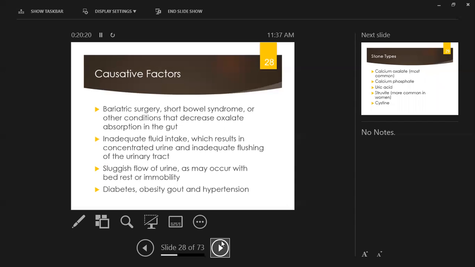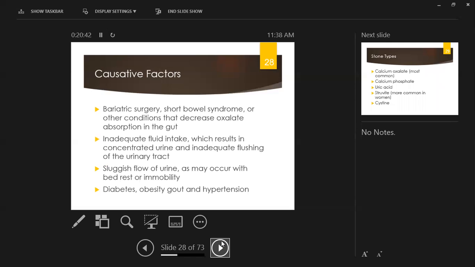Risk factors for stones in general. We just discussed lots of them, but do know that bariatric surgery can be a cause of stones, also short bowel syndrome and other conditions that alter oxalate absorption in the gut. So bariatric surgery, short bowel syndrome, anything that's going to reduce absorption is going to potentially cause renal stones.